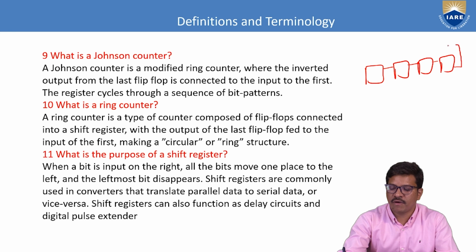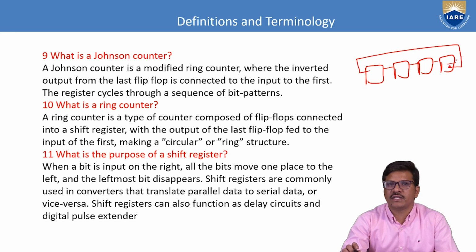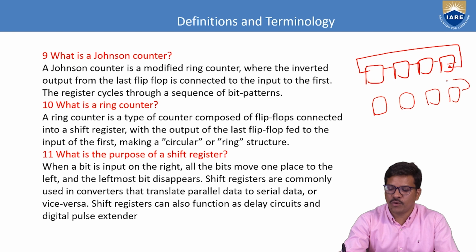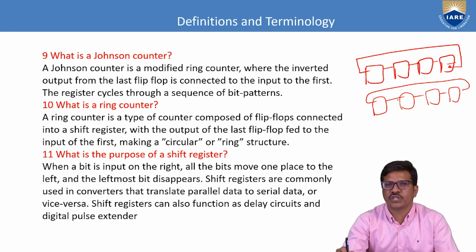For the last flip-flop, Q bar is connected to the input of the first one. That is called a Johnson counter. If the Q output of the last flip-flop is directly connected to the input of the first, that is called a ring counter. It looks like a ring.